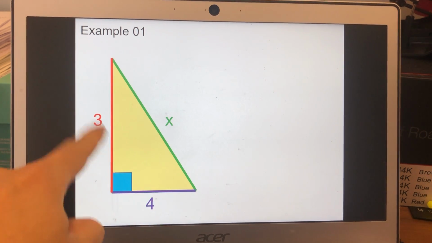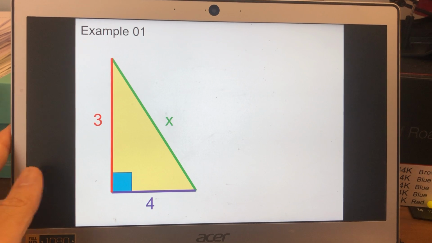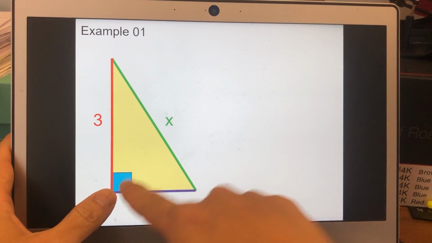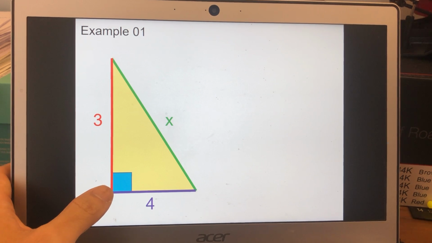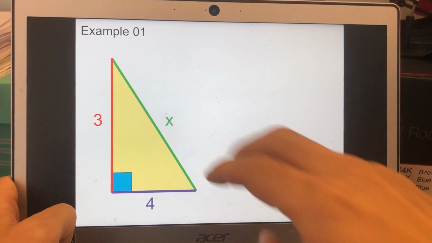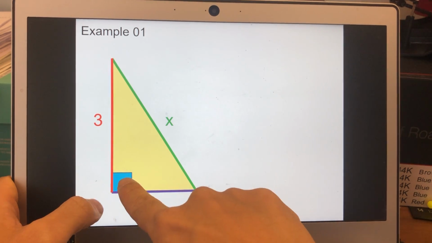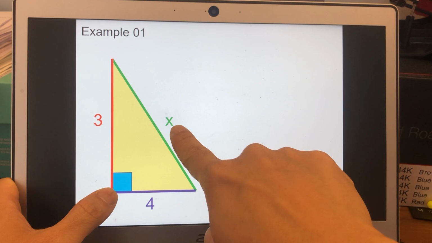And then of course you have to find the unknown x. You have to tell what is x. So because it is a right angle triangle, we could use the Pythagoras theorem. First of all, can you tell which one is the hypotenuse? 3, 4, or x? The hypotenuse is the one opposing to the right angle. So therefore, x is the hypotenuse.